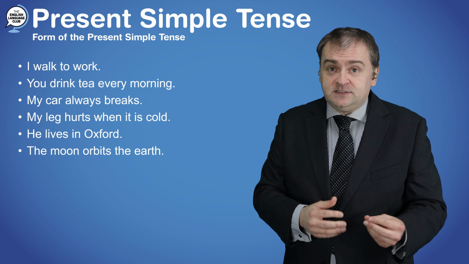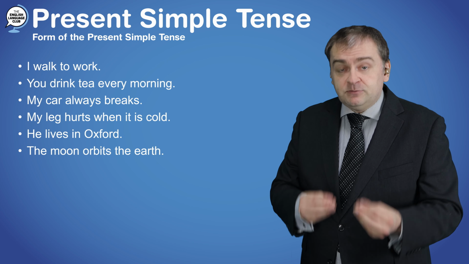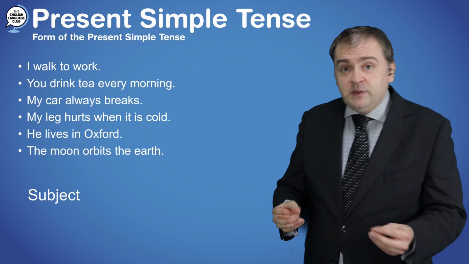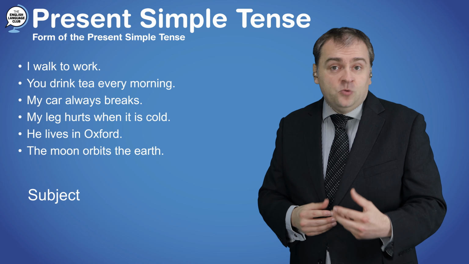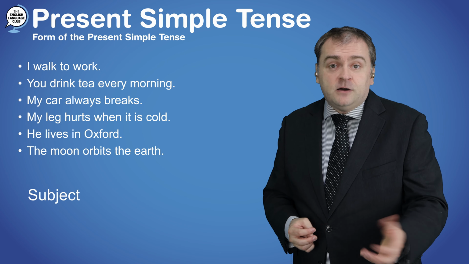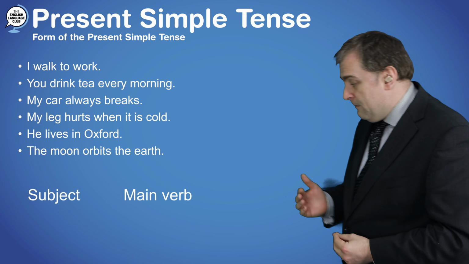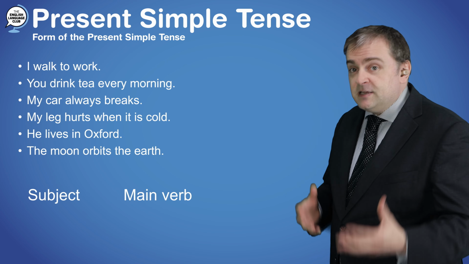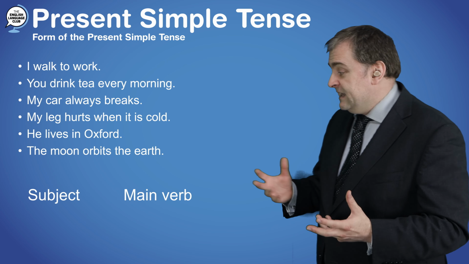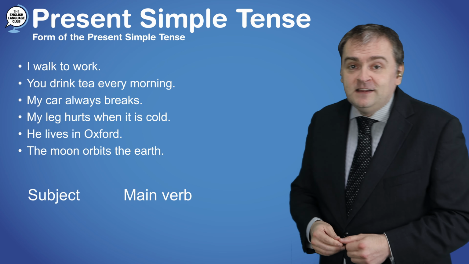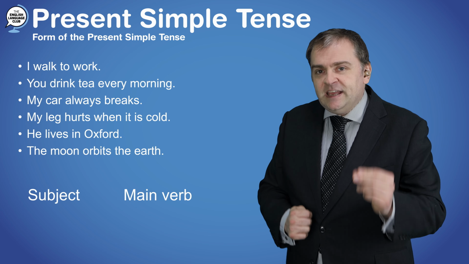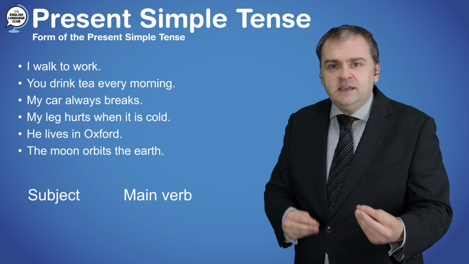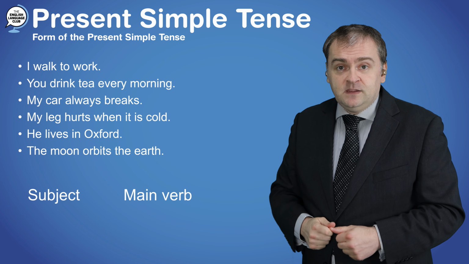The form is very simple. We have the subject, I, you, he, she, or it could be the name of the person or the thing, like my car. Then we have the main verb in its base form, work, drink, break, hurt, live or orbit. The only time we change the form of the main verb in the present simple tense is when we're talking in the third person.